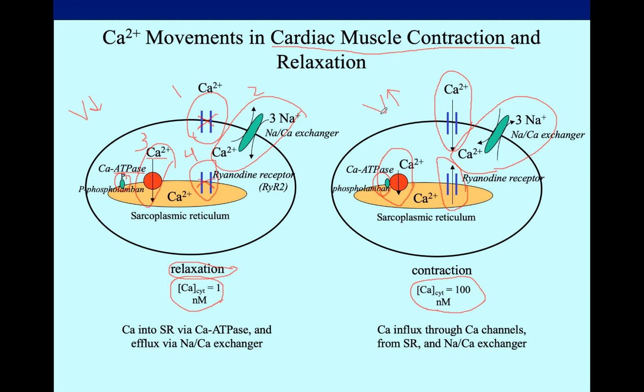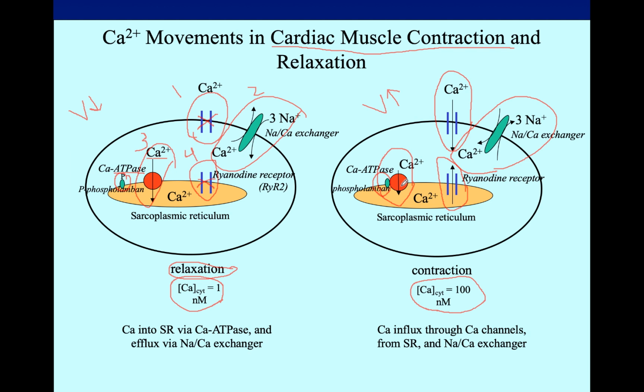But when voltage went up and the cell depolarized, the phospholamban moved across the membrane and this protein bound onto our calcium ATPase. Remember, anytime you bind anything to a transporter, it changes the structure and therefore the function.